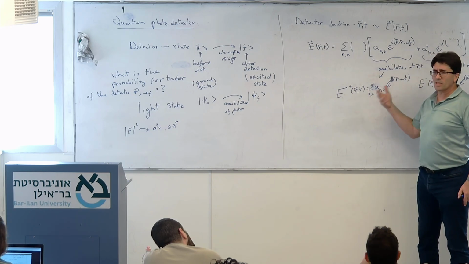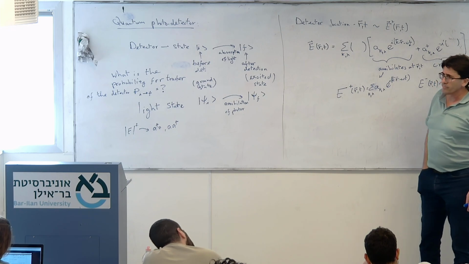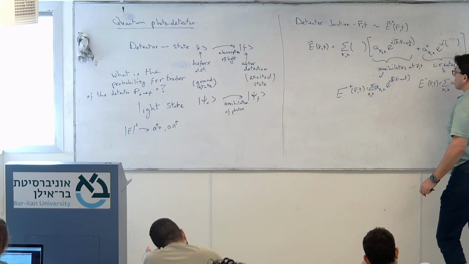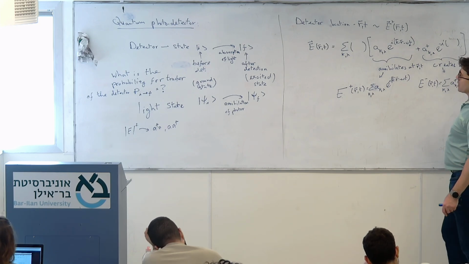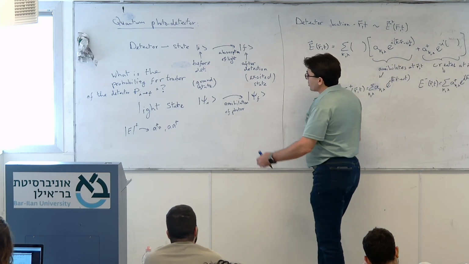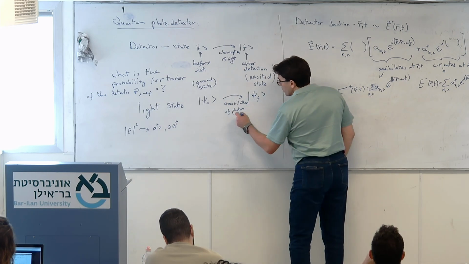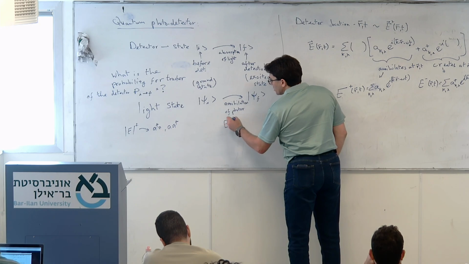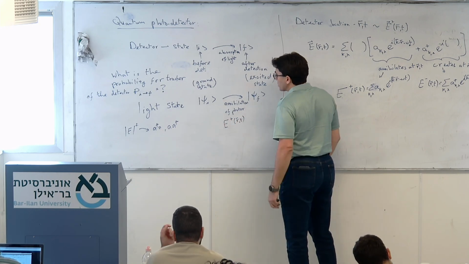This sum is not going to converge in any way. But now we can say that what happens is that this transfer is done by what E plus does.